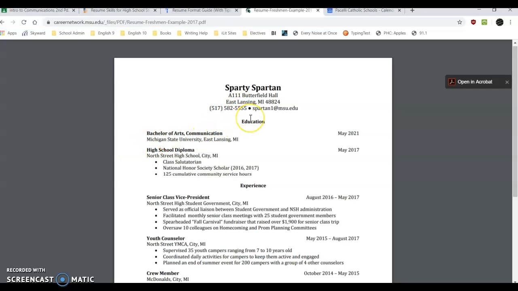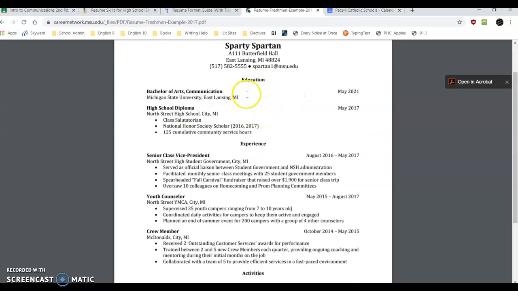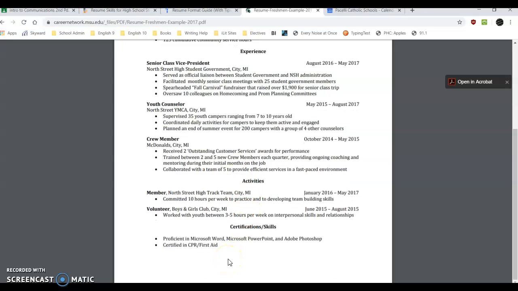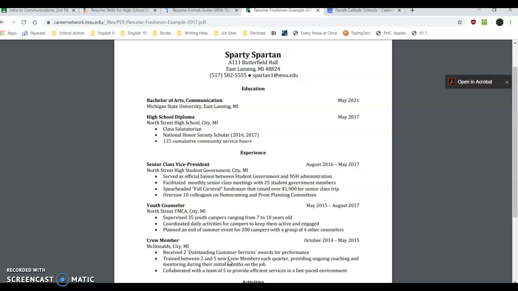But as long as you follow this basic format, it can look a little different, but your name, your contact information, and then these different categories. So your education or your work history, your experience, your activities, any certifications or skills. All right. And then with this screen, I'll show you exactly how the formatting works here. Okay.